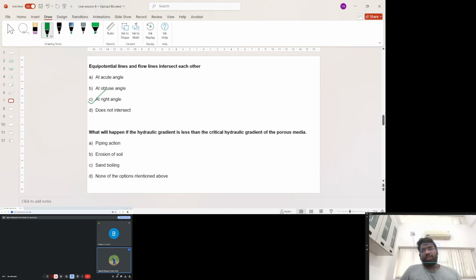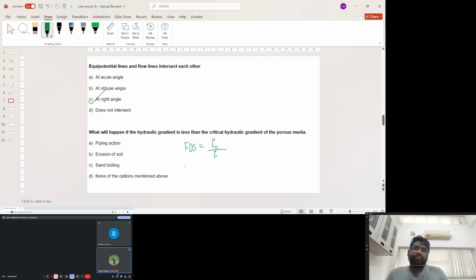So how to determine the safety or criticality against piping failure or quicksand condition, etc.? For that we determine a term called factor of safety, which is defined as the ratio between the critical hydraulic gradient to the existing given hydraulic gradient.